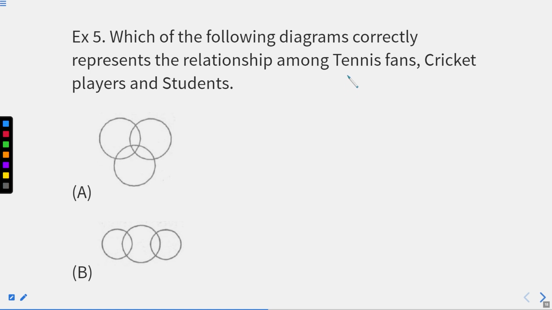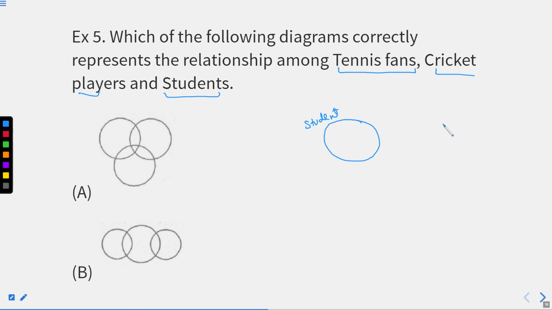Let us draw. We have three things: a tennis fan, a cricket player and a student. Let's say this circle represents a student, right? I hope this thing is clear. A tennis fan. Don't you feel that if you are a student, you love to watch tennis as well?